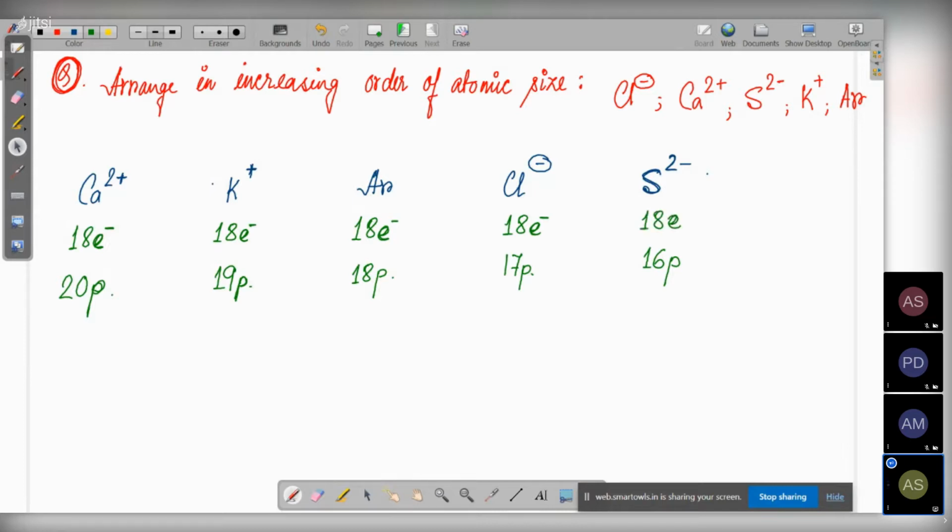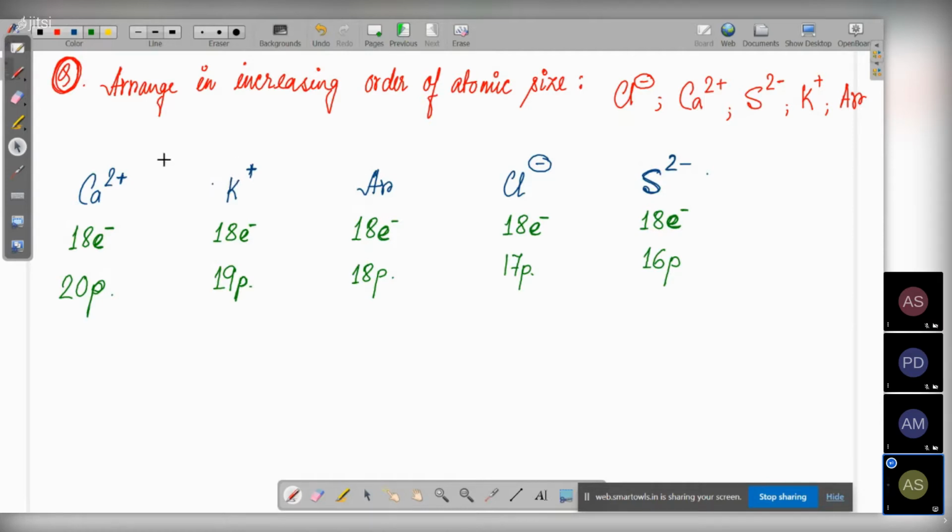All these five species that I have written have the same number of electrons. What do we call such species? We did this in the first class of atomic structure. These are known as isoelectronic species. Species having the same number of electrons are called isoelectronic species.